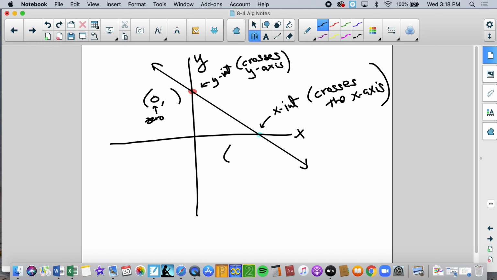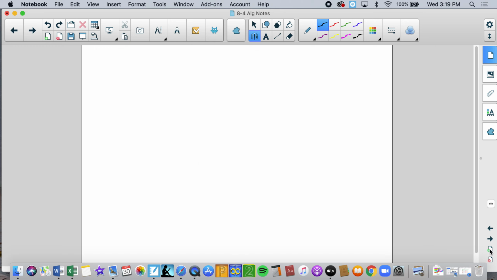And we know that the y value in the x-intercept will always be 0. We don't know what the x value is. We don't know what the y value is. In the y-intercept, we know it's positive because it's above, but we don't know what exactly it is. So that's going to be open depending on the line. And I'll show you what I mean by that.